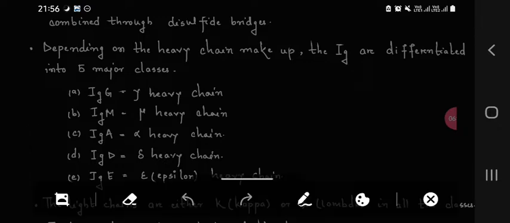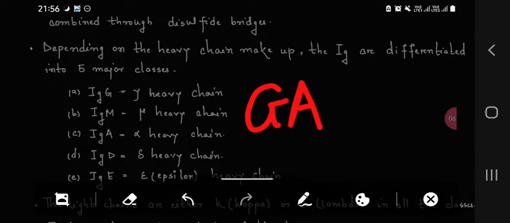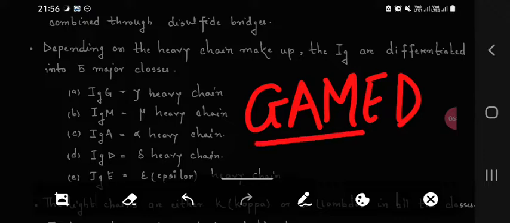So you can learn it by the word GAME firstly and then just add a D: IgG, IgA, IgM, IgE, and IgD. Okay.